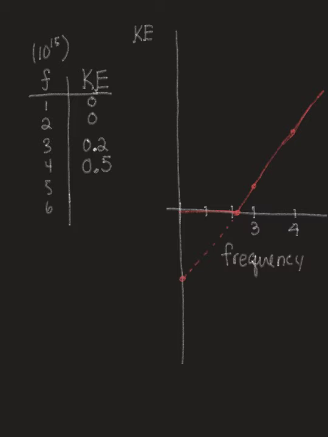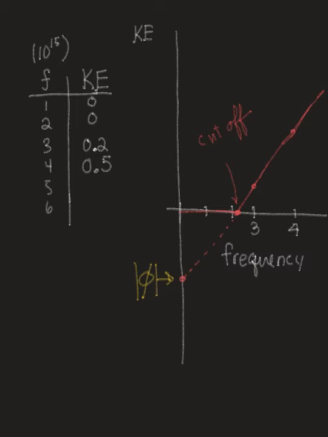So let's say for this particular metal, it has a cutoff frequency of just over 2. It would have a work function that's equal to the y-intercept. So let's just label those real quick. Work function is the y-intercept. And I'm absolute valuing here, so even though it's some negative number, the work function will be positive. And the cutoff frequency, the minimum frequency that you need in order to have electrons come out, is the x-intercept.